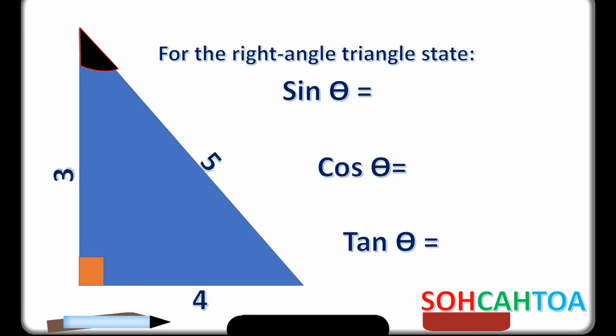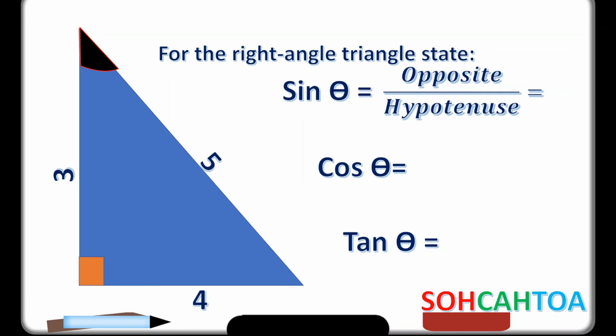Good. So using our SOH from SOHCAHTOA, we know that our ratio is opposite over hypotenuse, O over H. Using the location of our theta in this triangle, we can see that the opposite to our theta is 4 and our hypotenuse has a value of 5.